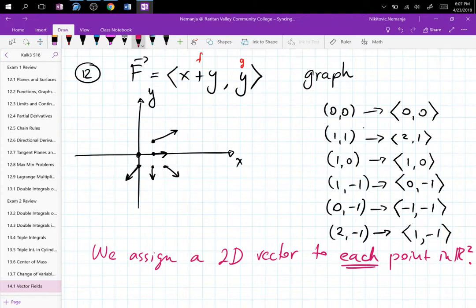Now the question is, which one of these, A, B, C, D, would produce this vector field? A. The smaller the input on X, the shorter the arrow.